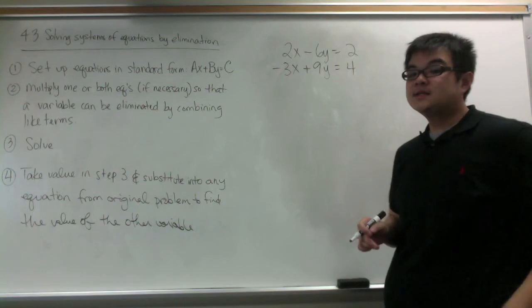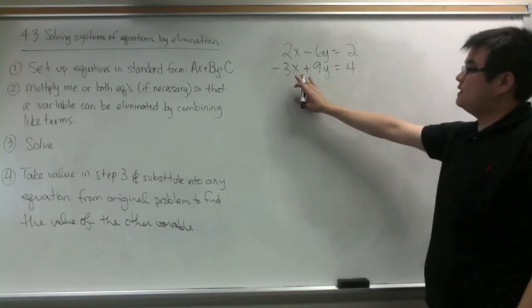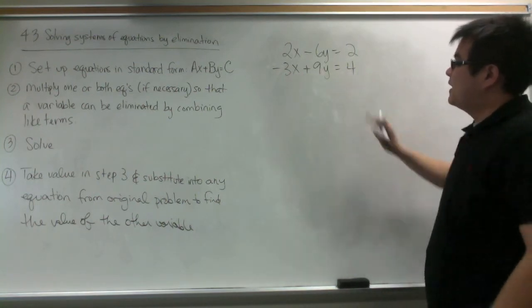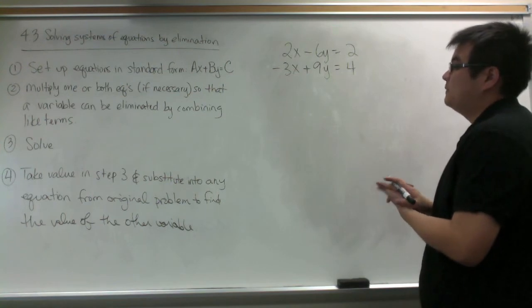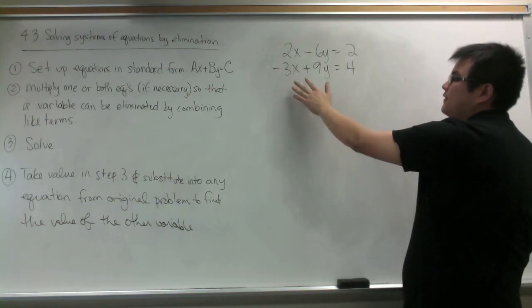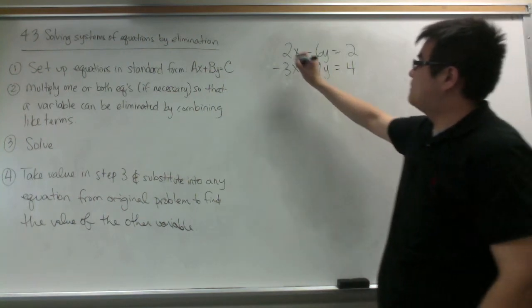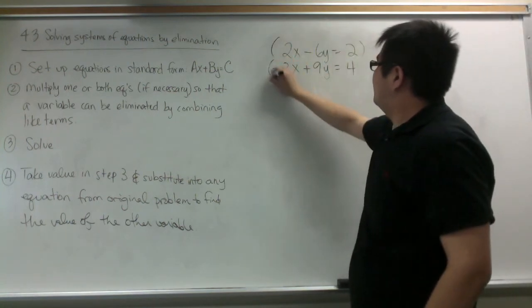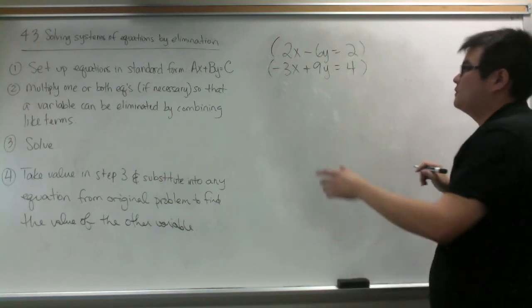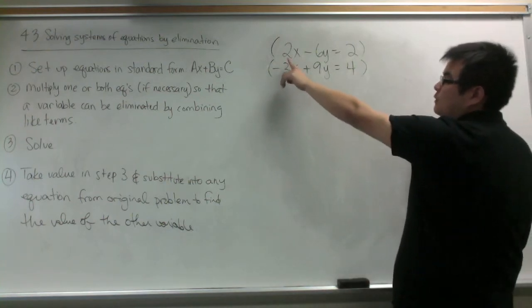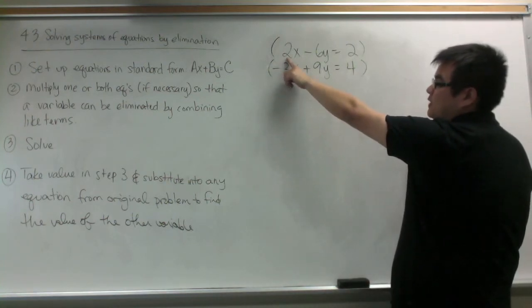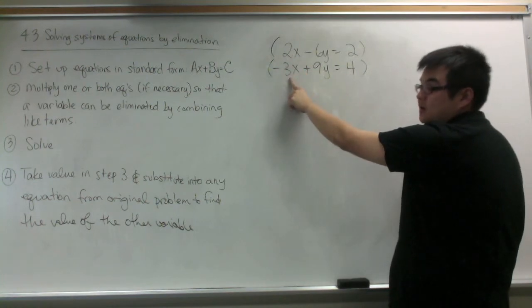In our next system of equations, if I were to combine my like terms, nothing would eliminate. If you also notice, none of the variables have the same numbers here, so we're going to need to multiply both equations by a number so that the variables will eliminate. So you have to think of what number 2 can turn into that 3 can also turn into.